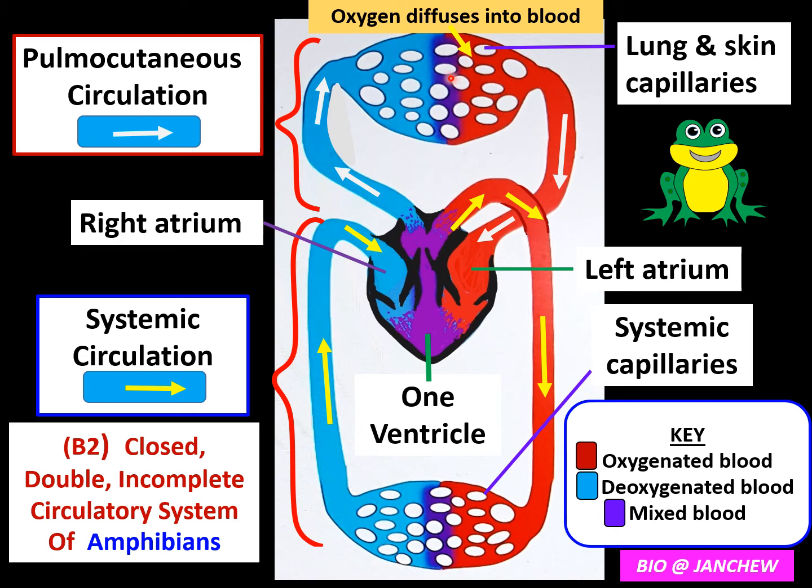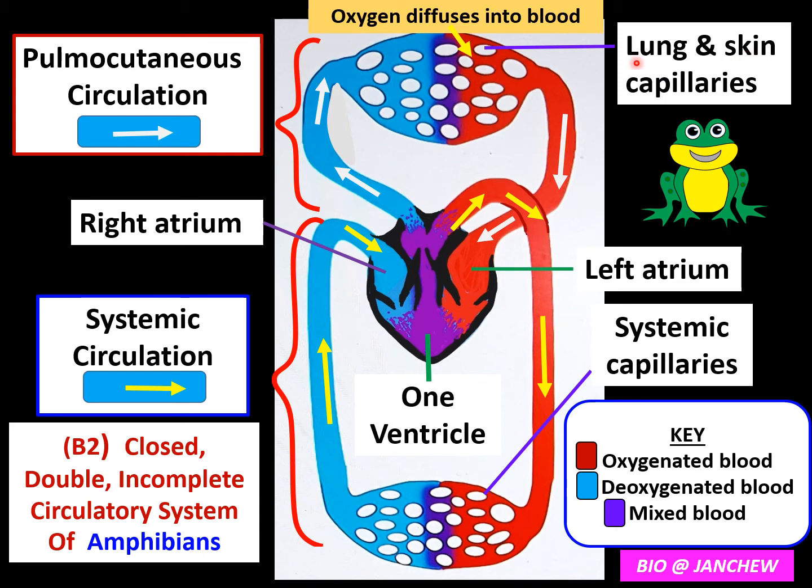Oxygen will diffuse into the blood from the respiratory organs or respiratory structures, from the environment into the blood. The oxygen diffuses from the environment into the blood in the lung and skin, and then after that the blood becomes oxygenated and then it flows back to the heart. That is the pulmocutaneous circulation. Pulmo means referring to the lungs, and cutaneous refers to the skin.